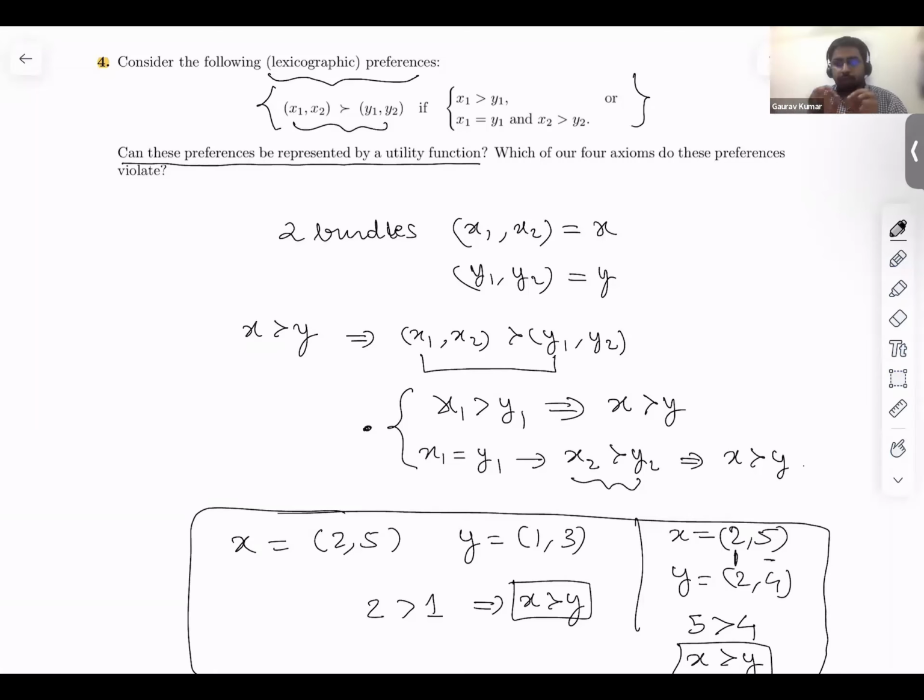You don't have orders there. So there is a mapping from these orders to the set of real numbers. Sir must have taught you this in the classes, that there is a map where you rank and then convert that ranking into a number.